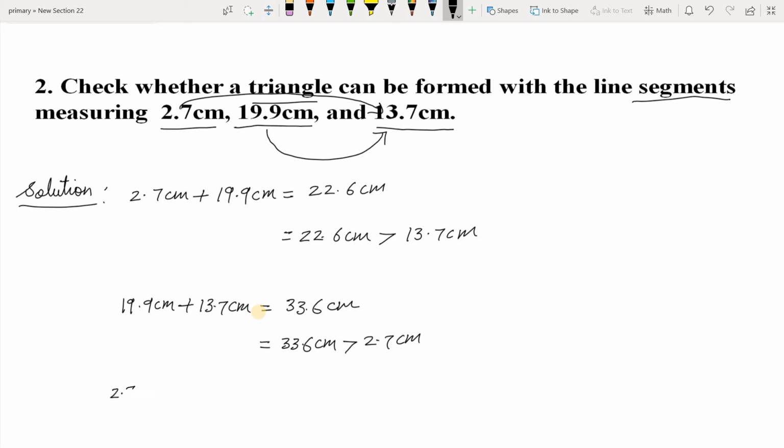Now we add 2.7 cm and 13.7 cm. So 2.7 cm plus 13.7 cm is equal to 16.4 cm. And here 16.4 cm is less than 19.9 cm.